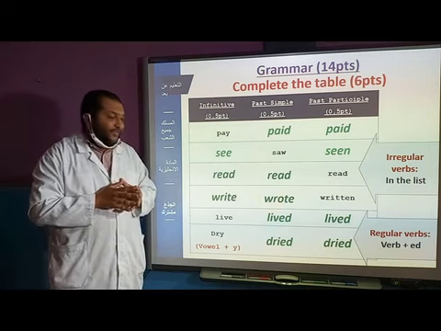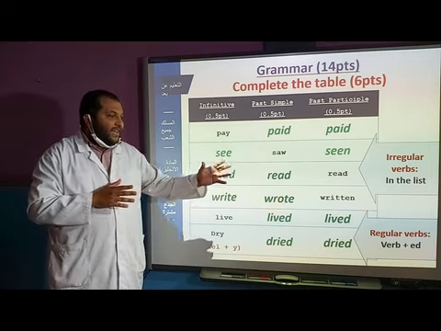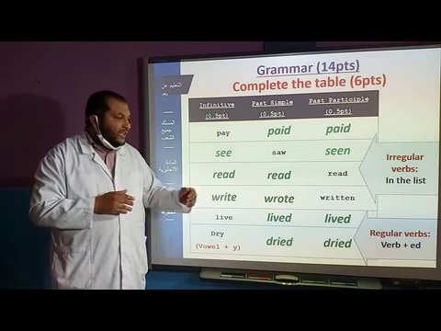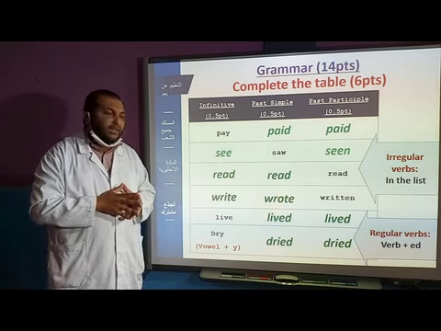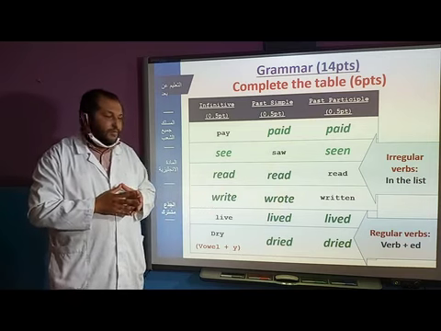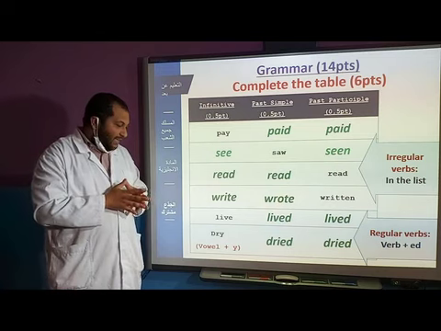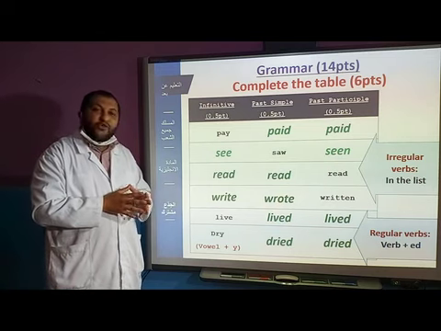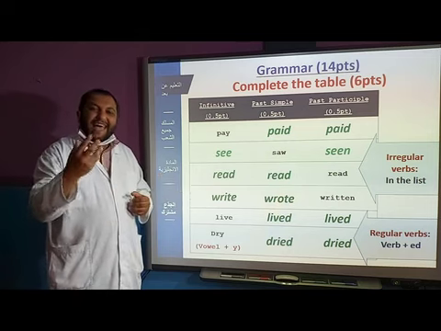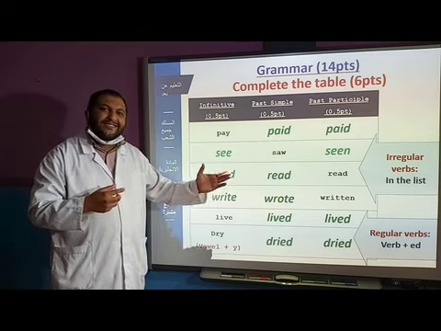Now, leave, lived, lived. As you see here, we add ed because this is the second category, which is the category of regular verbs: verb plus ed. Then dry, dried, dried, and try, tried, tried.